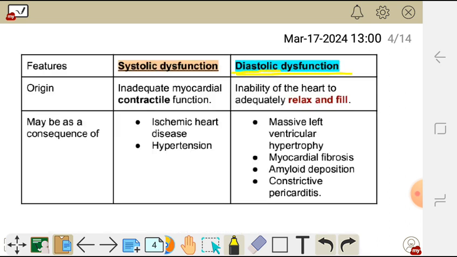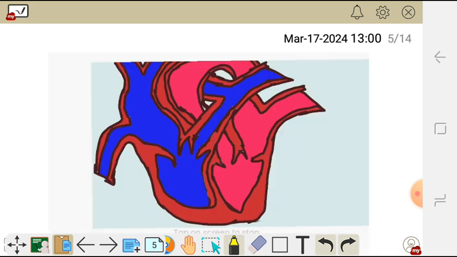Diastolic dysfunction can be caused by massive left ventricular hypertrophy. If the walls of the left ventricle become very large, it accommodates less blood.